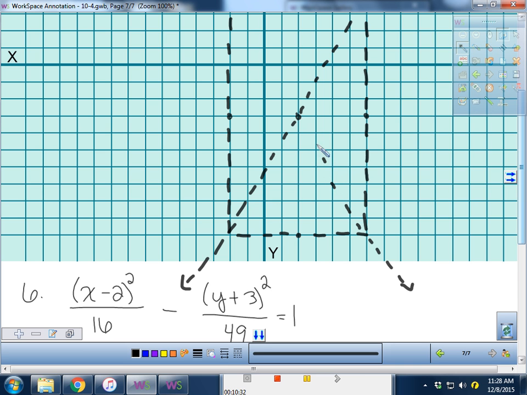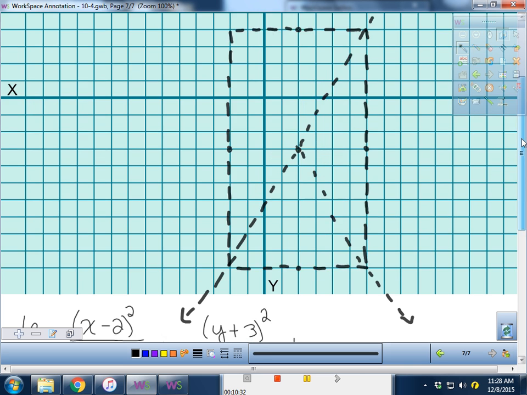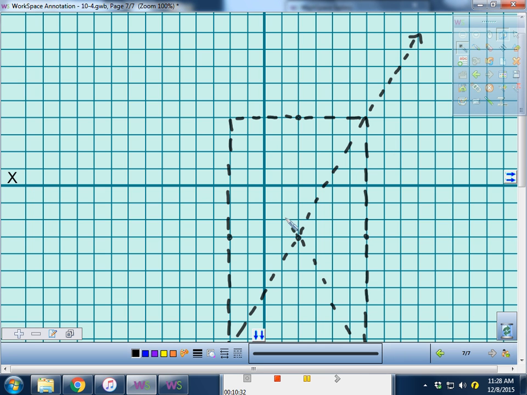Do both sides. Mine is a little bit crooked. Sorry, I'm not the best at this.